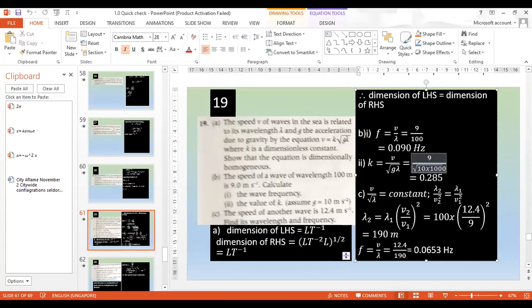So is the answer correct? So basically 10 times 100, square root.